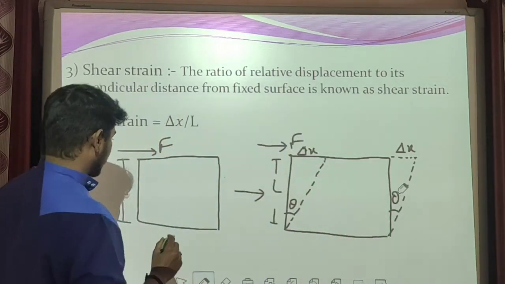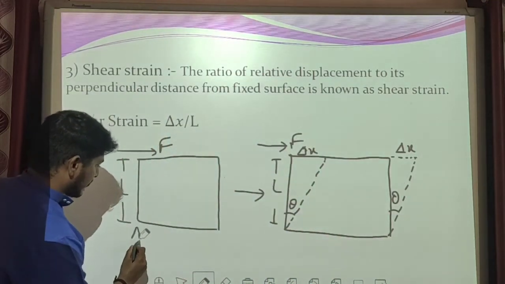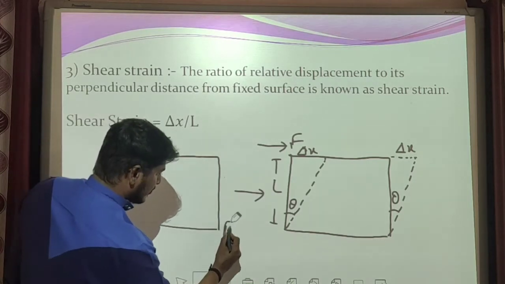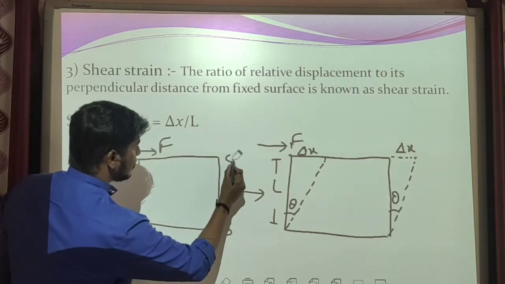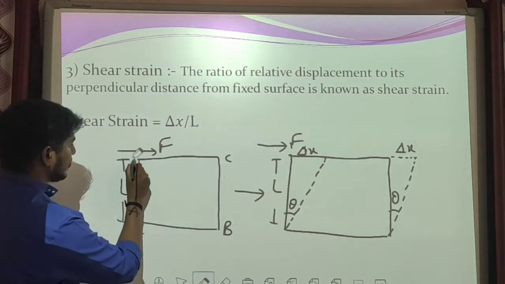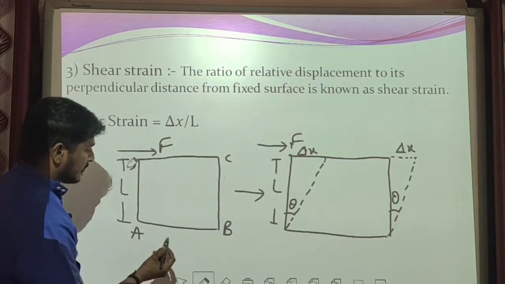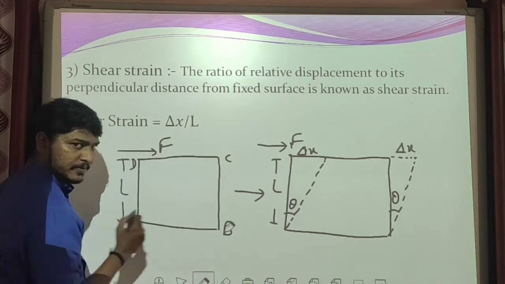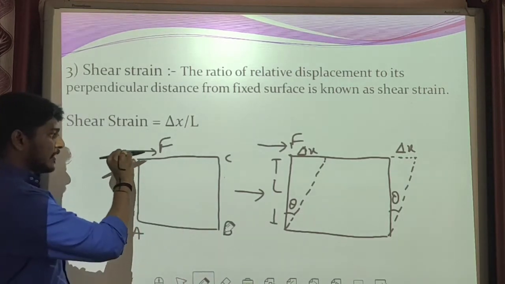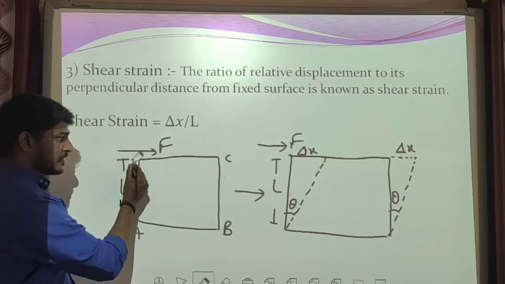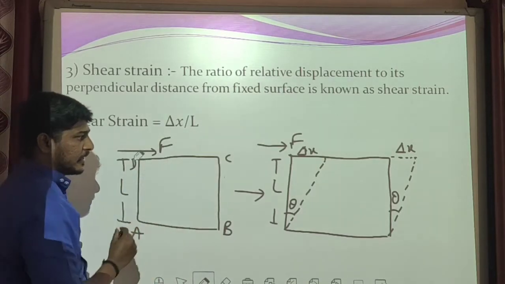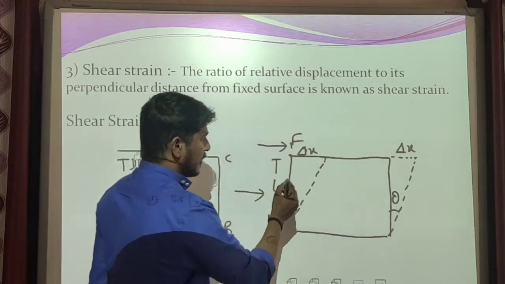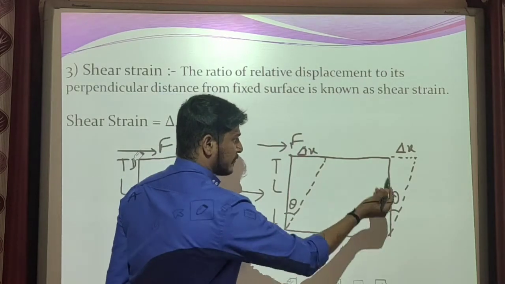Let us suppose we denote these points as A, B, C and D. Here you can see that the lower surface AB is fixed. I am going to apply a tangential force on the surface CD. Then after applying this force, the body undergoes deformation.